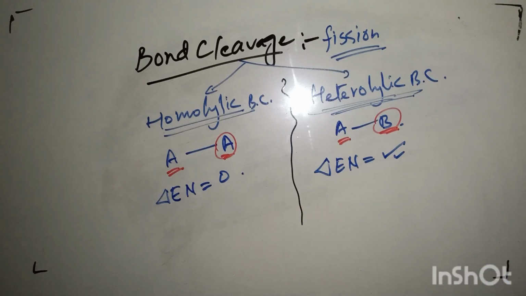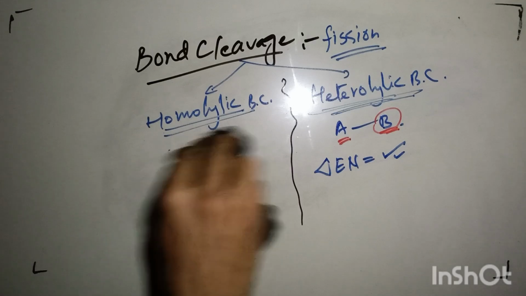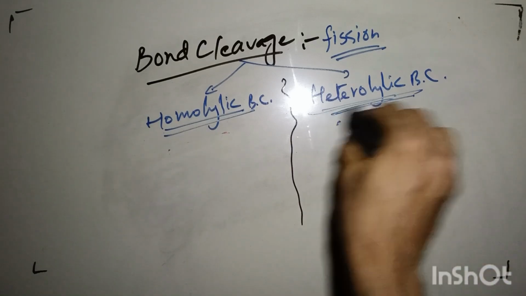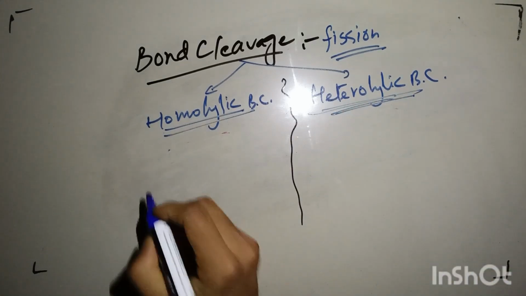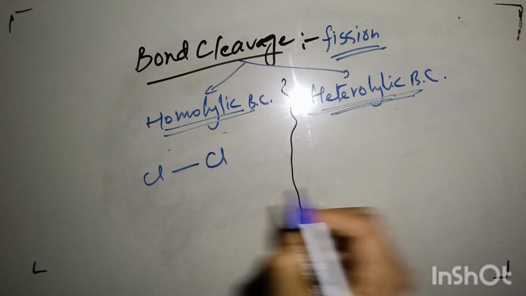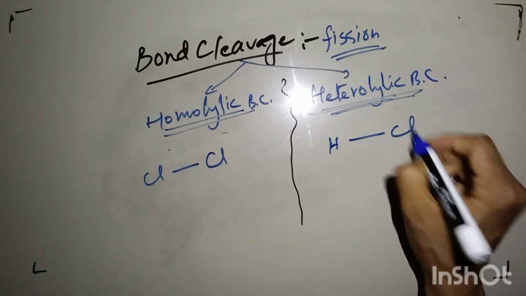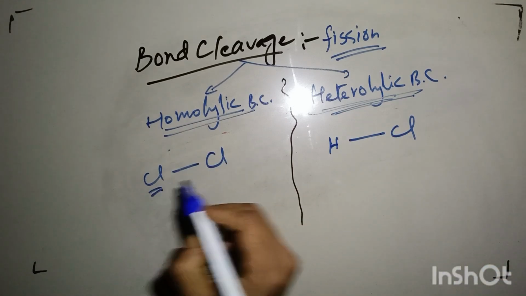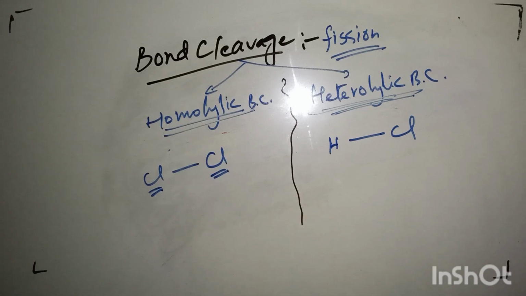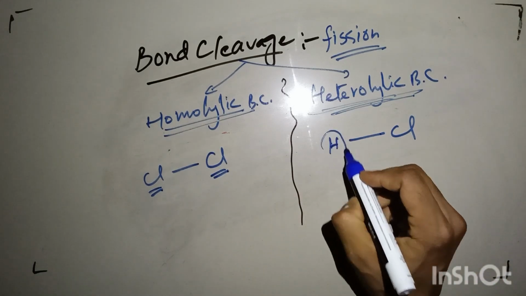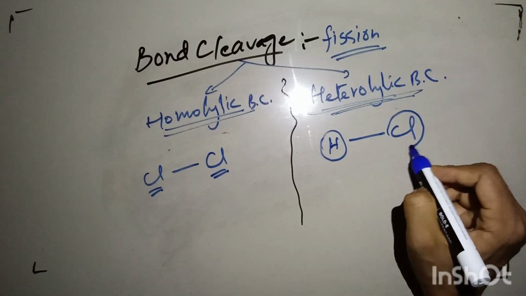For example, I'll tell you. Take Cl2 and HCl. In this, Cl has the same electronegativity as the other Cl, but here hydrogen has less electronegativity than chlorine.